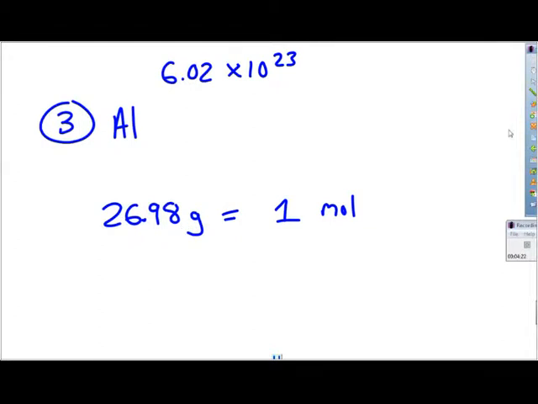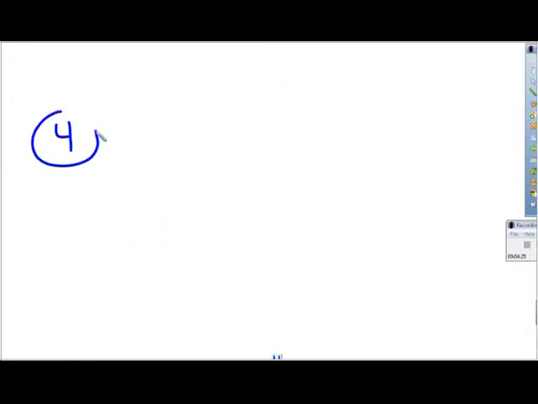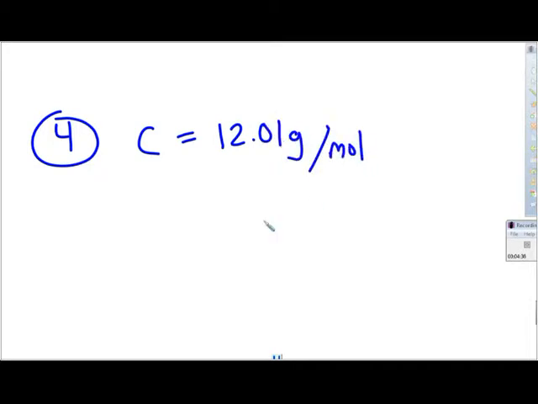Just looking at the periodic table. Number 4, how much would 1 mole of carbon weigh? Carbon equals 12.01 grams per mole. We just look at the periodic table. If we have 602 sextillion carbon atoms, it's going to weigh 12.01 grams.